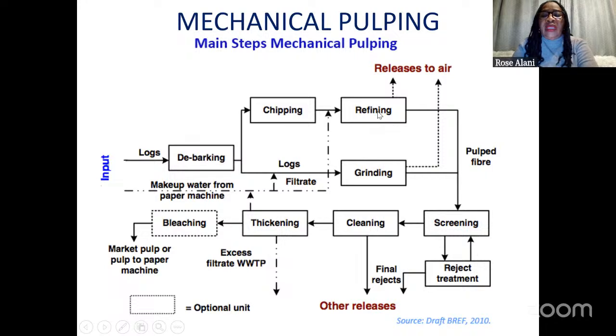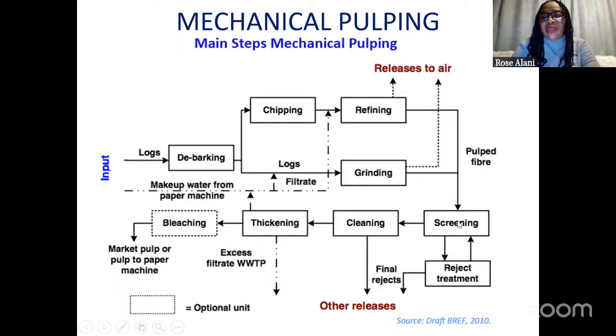Then you pass it for the grinding here. If it is groundwood pulping, you pass the logs here for grinding. And then when you have your pulp ground, the fibers, you move it to screening. That's where the sheaves that were not properly crushed are removed.